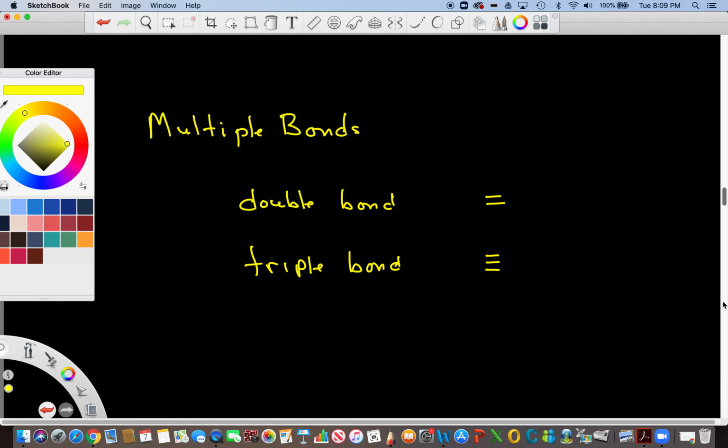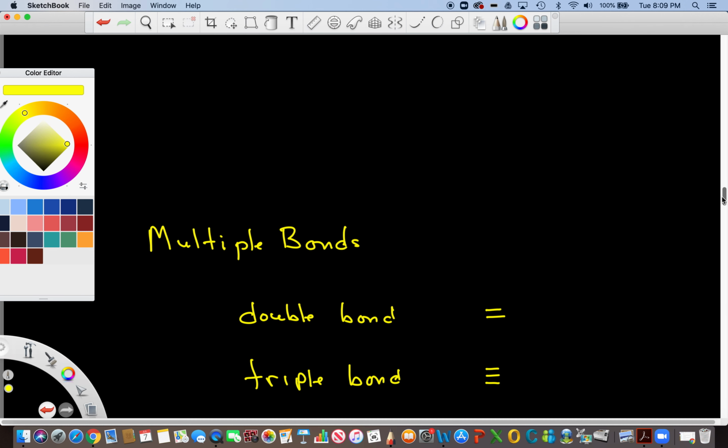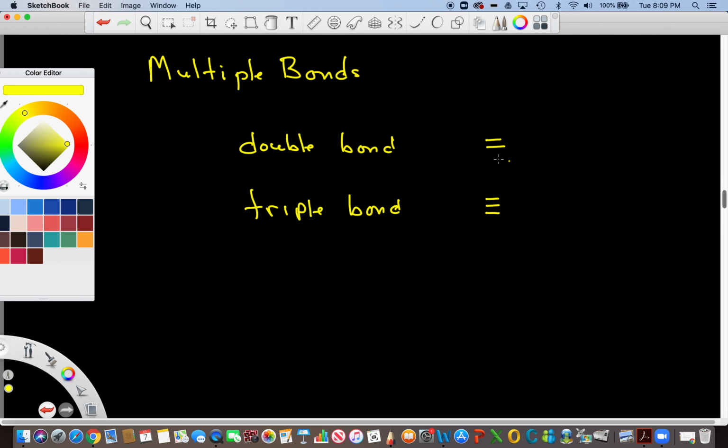So there are compounds that have multiple bonds. So we can have a double bond or a triple bond. In a double bond there's 4 sets of electrons. In a triple bond there's 6 sets of electrons. So an example of a double bond, we're just going to go CH2O. We have carbon.